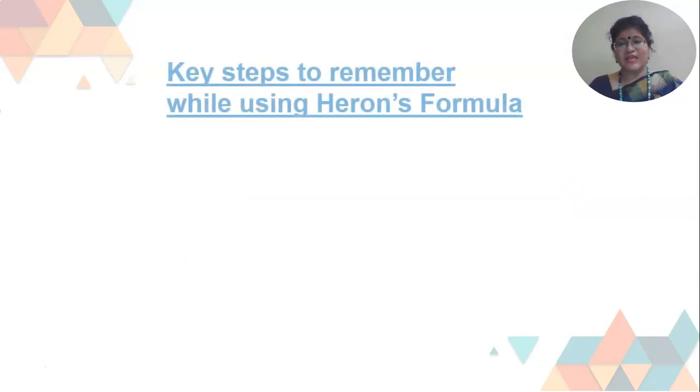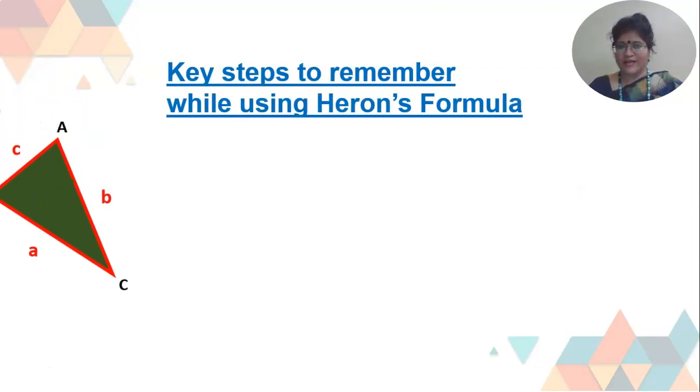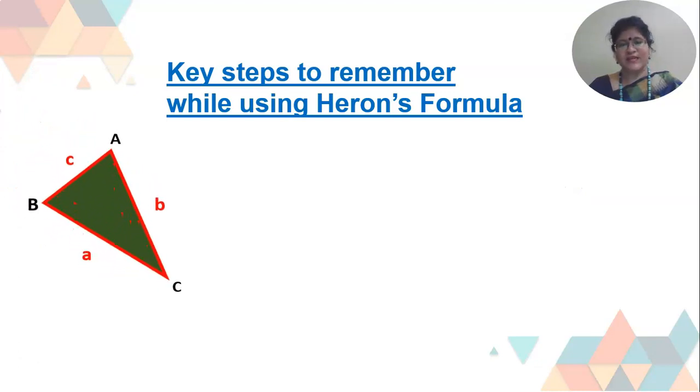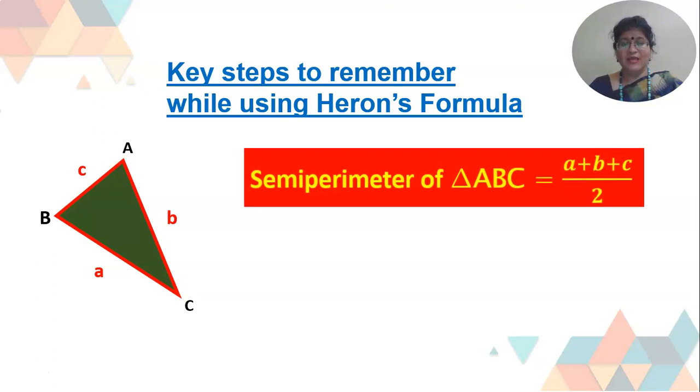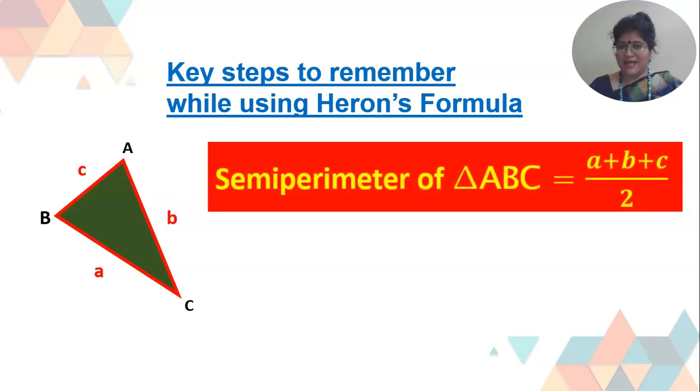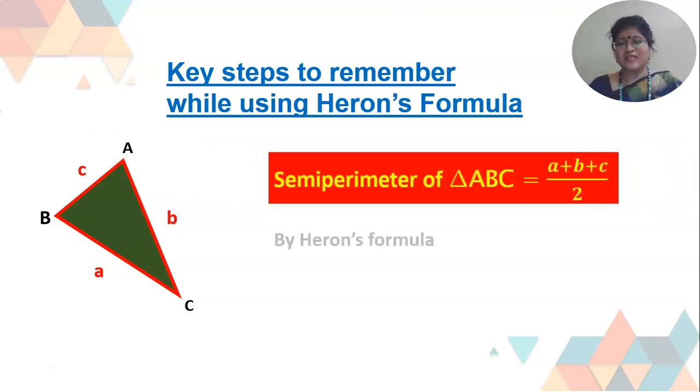Now, these are some of the key steps to remember while using Heron's formula. Given a triangle where the 3 sides are known to us, side AB, BC, and AC, what is the first and foremost thing that you have to mention?